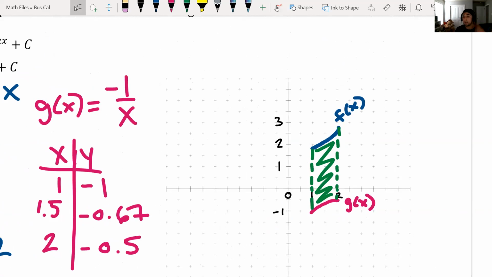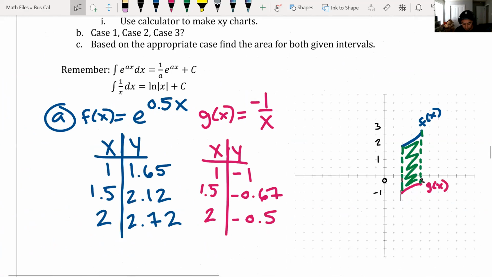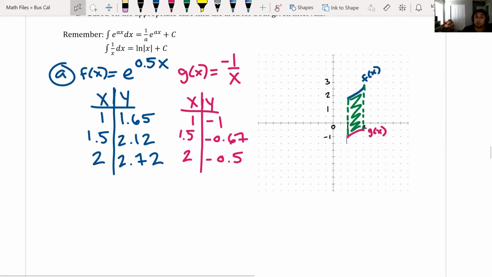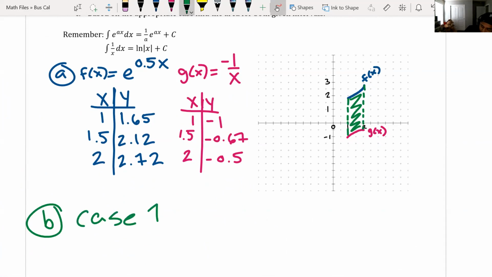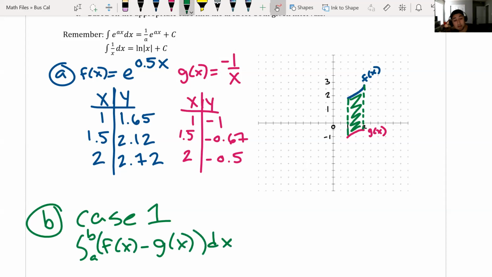Well, this will be a case 1, which means we'll have the integral from a to b of f of x minus g of x dx.